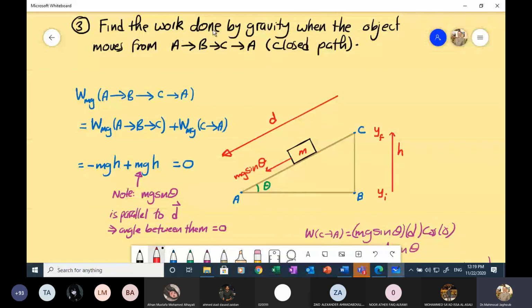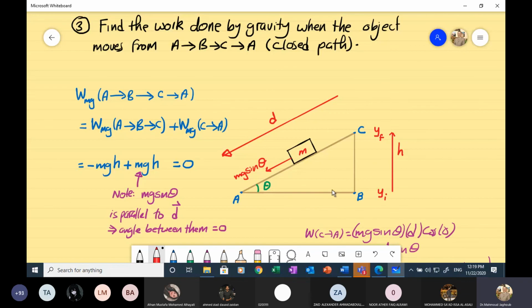which is to find the work done by gravity when the object moves from A to B to C back to A. Notice, from A to B to C back to A. We call this a closed path.